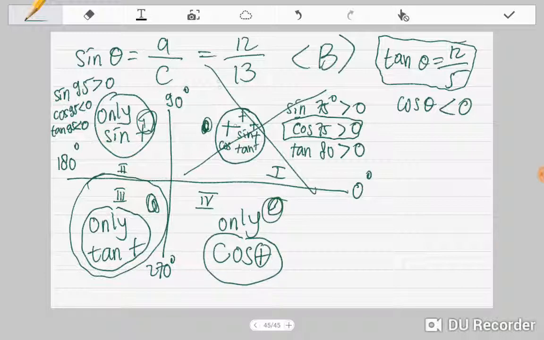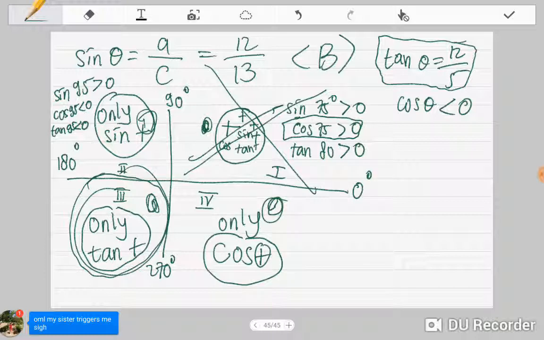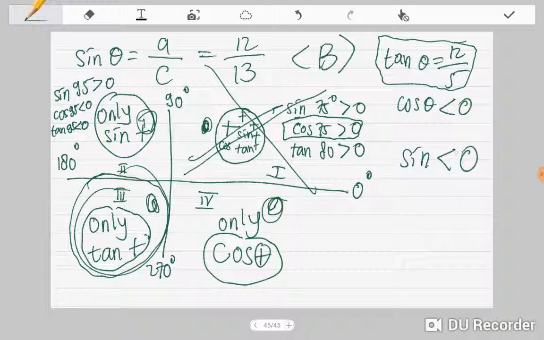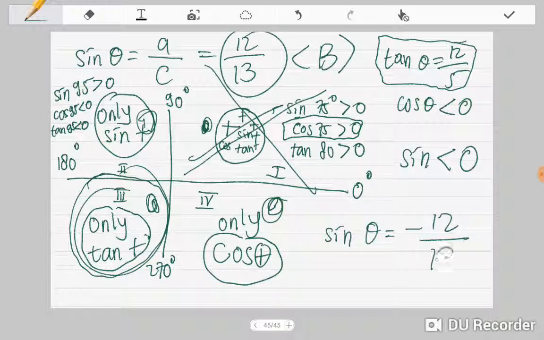But we know that it's not here, so it's definitely here. So since it's in the third quadrant, where only tan is positive, the sine is definitely less than 0. So the sine that we got before should be negative 12 on 13. That's where we got the negative sign.